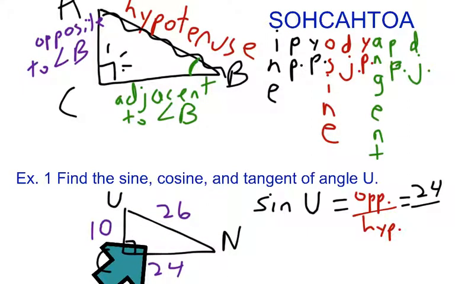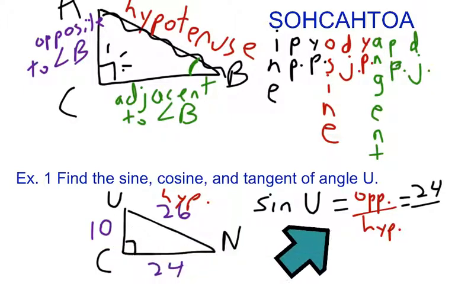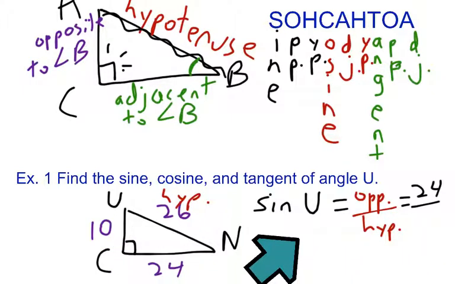And if it helps, you can just label that the hypotenuse, so you don't have to think about it. So the hypotenuse, our longest side, is going to be 26. So I'm going to fill in 26 for the hypotenuse. Now, is that reduced? Nah, not yet. So just divide by 2 since they're both even, and we get 12 over 13. All right, so one down, we figured out the sine.